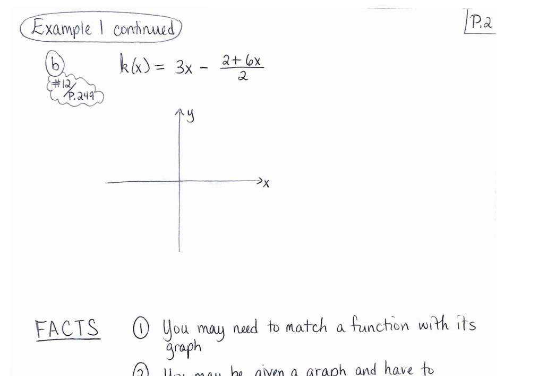We can rewrite this as 3x minus the quantity 2 over 2 plus 6 over 2 x. Tell me what that simplifies to be.